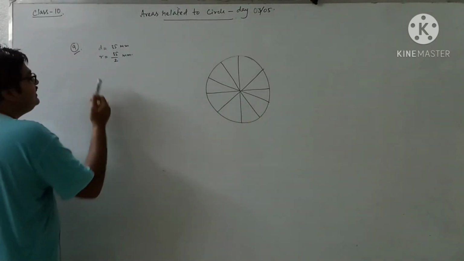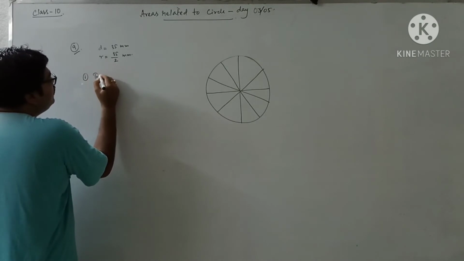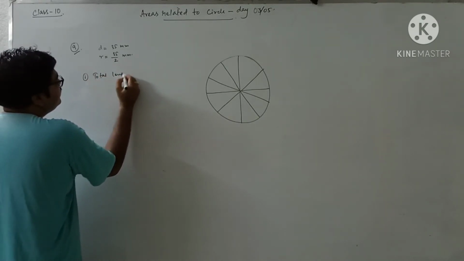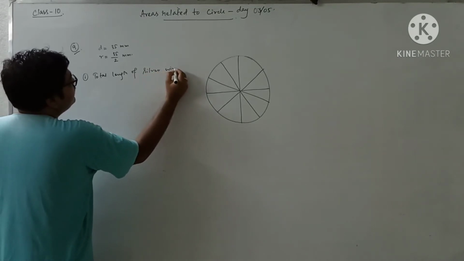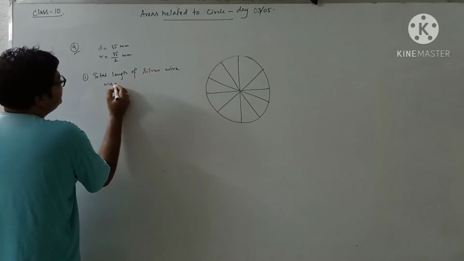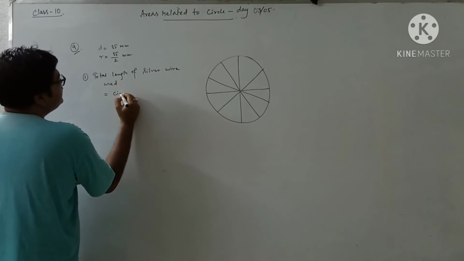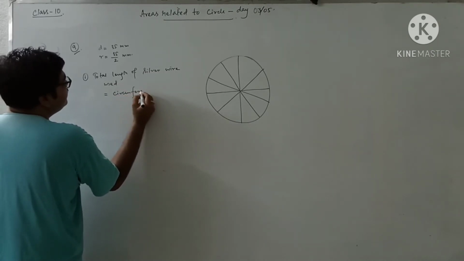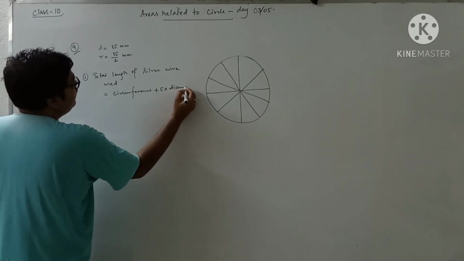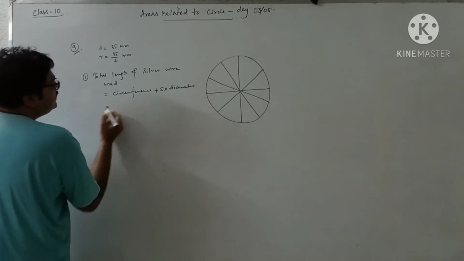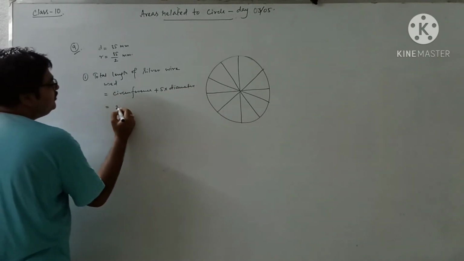So we will write like this: total length of silver wire used equal to circumference plus 5 into diameter. Circumference formula you know, 2 pi r.